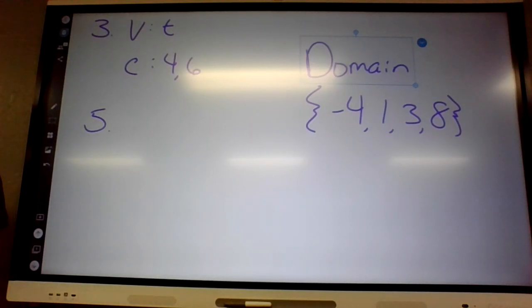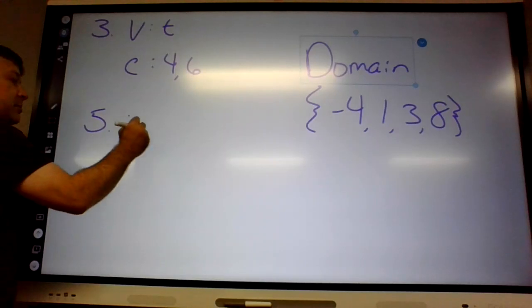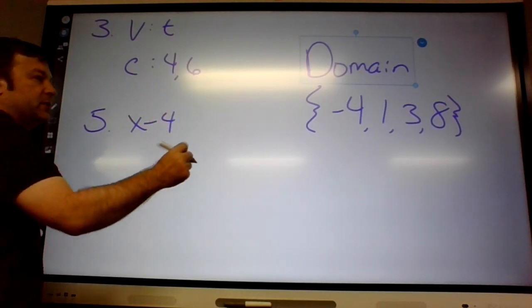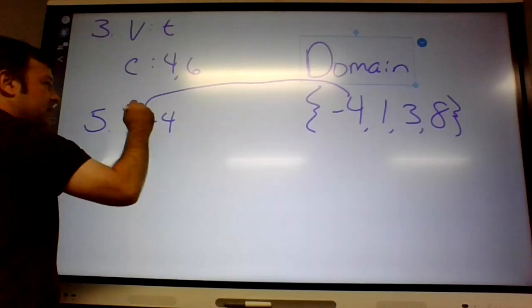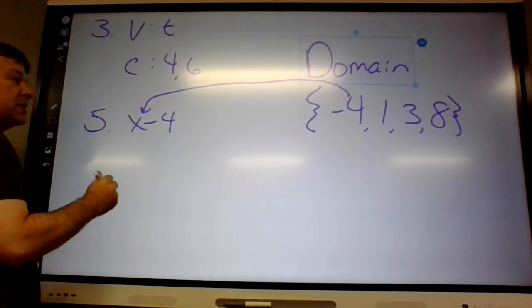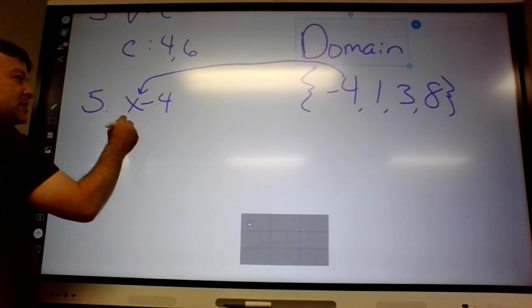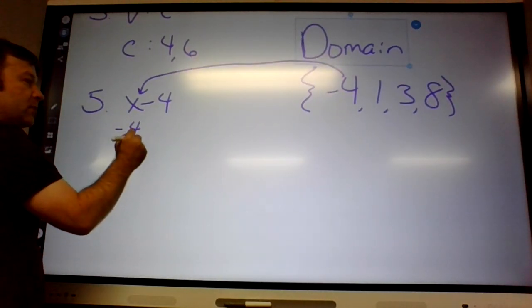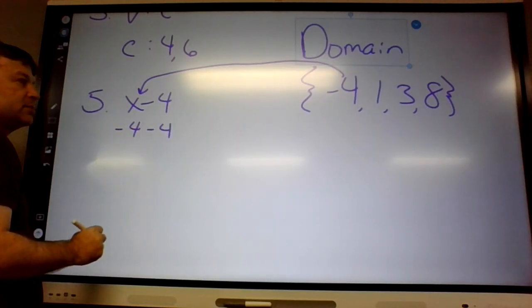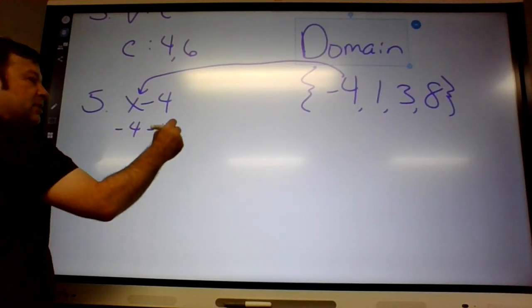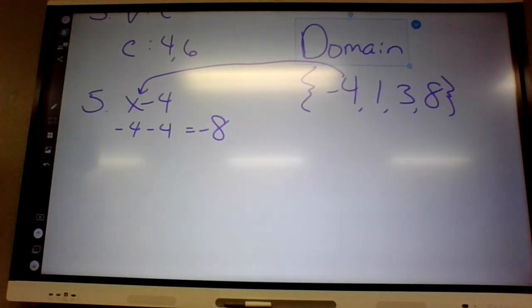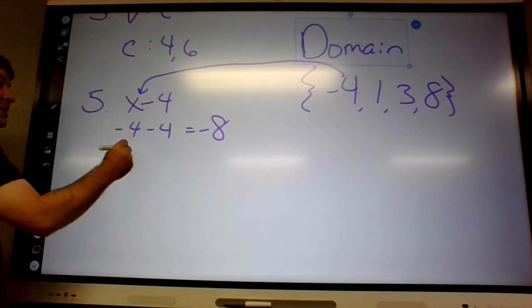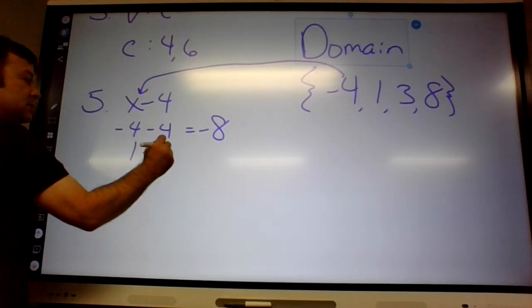Okay, so on number 5, it says x minus 4. So I'll do this one. You guys have done this before, I'm sure. So that's what we're gonna plug in. The first one is negative 4 minus 4. All right, so that would be negative 8. Okay, and I'm just gonna keep going. Plug in the 1.